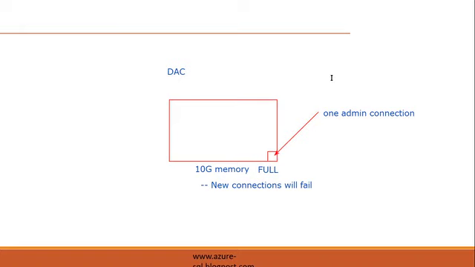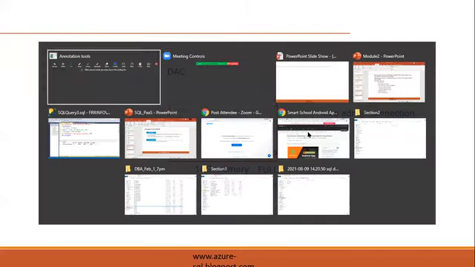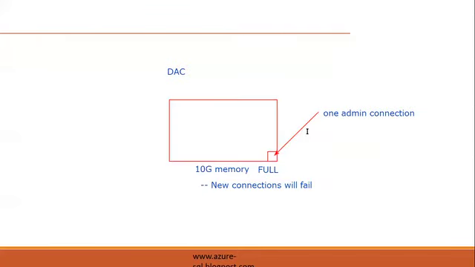If the server is not responding to normal connections due to a memory full problem, any DBA in our team, whichever of the 10 DBAs, can connect through this and start diagnosing the problem. That is the purpose of DAC. Check here how to enable this DAC feature, we'll see.